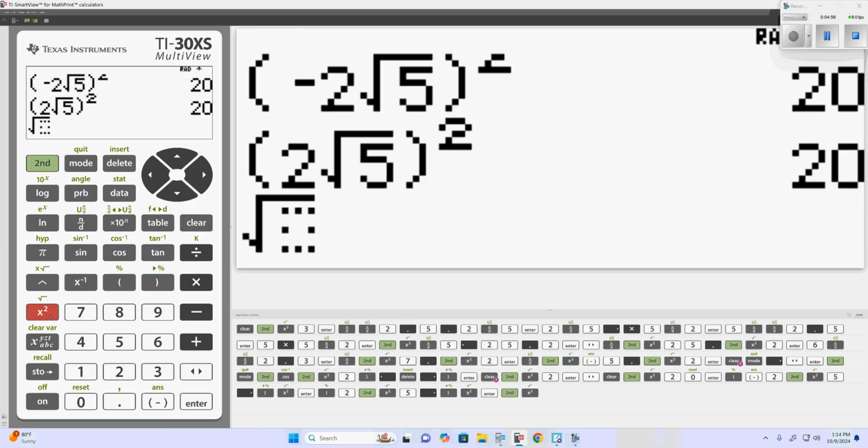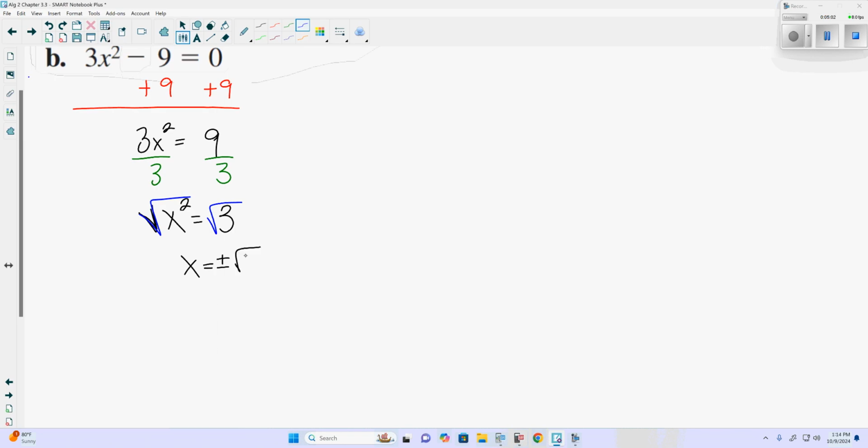Well, the square root of 3 is the square root of 3. It doesn't reduce, it doesn't simplify. So the values of x that make this function be 0 are positive or negative square root of 3.